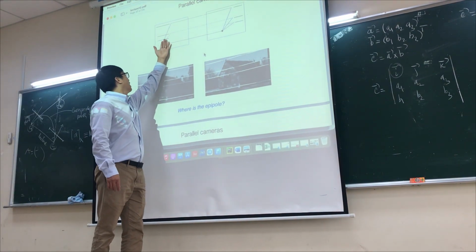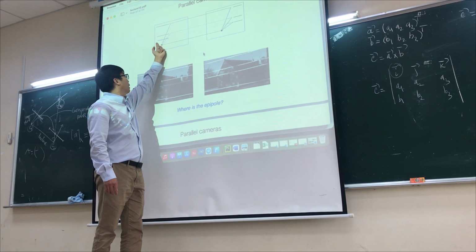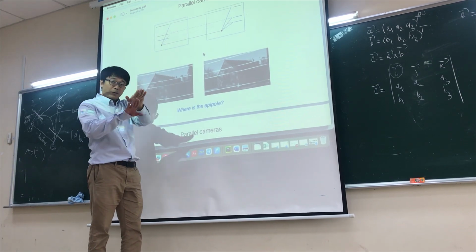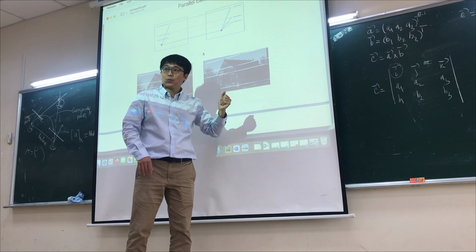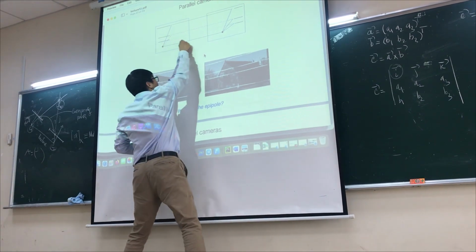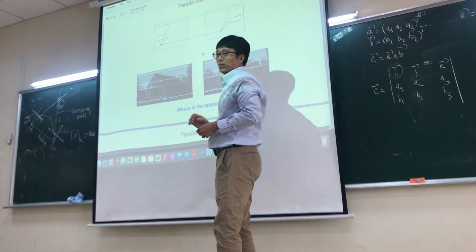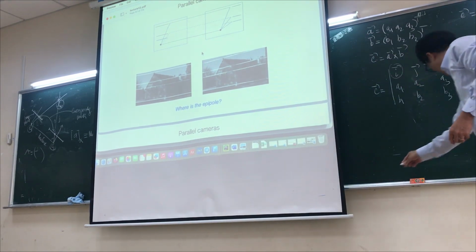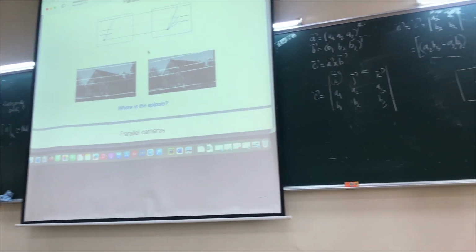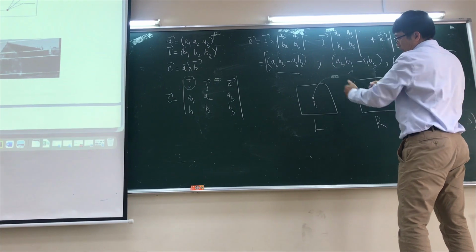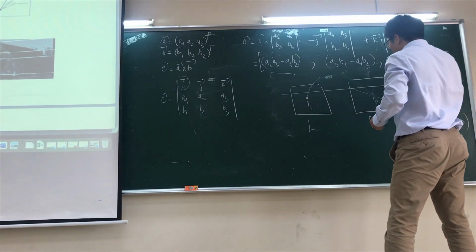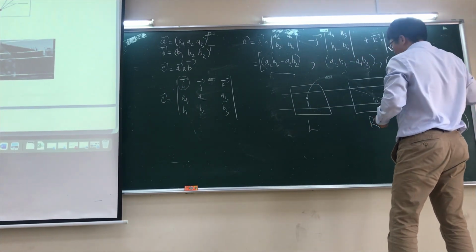So here the epipolar lines are parallel, and here the same row as here also. If the axes of the two cameras are parallel, then the epipolar lines must also be parallel.